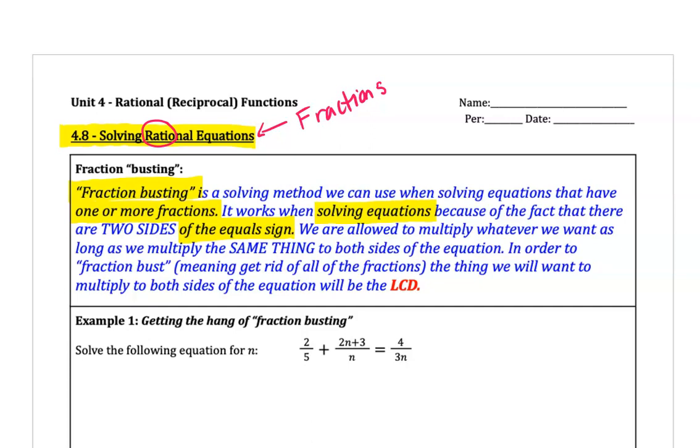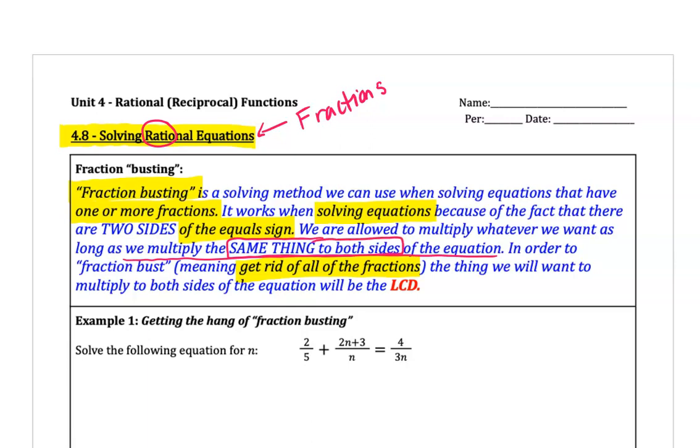What that means is we're going to be getting rid of our fractions by taking advantage of what's called the multiplication property of equality. So that says we can multiply anything we want to an equation as long as we multiply the same thing to both sides.